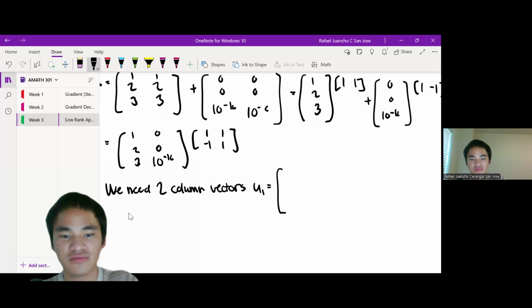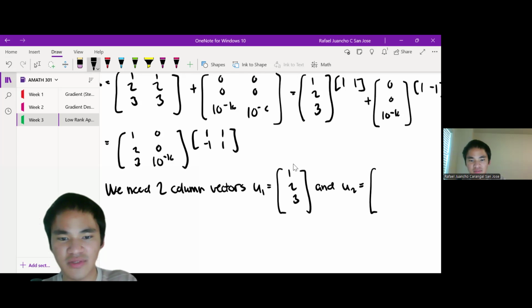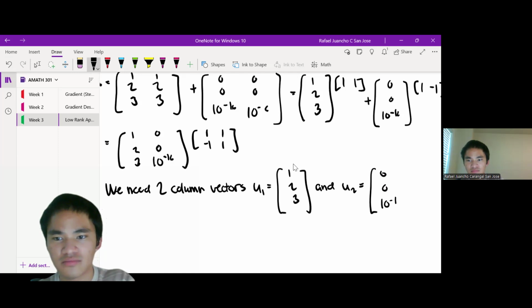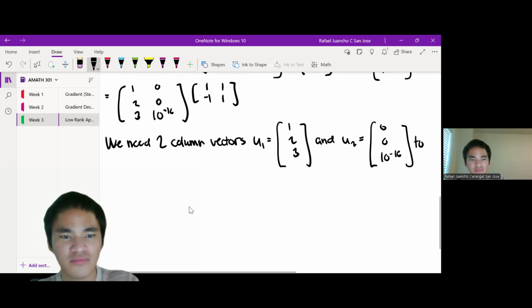Let's say U1, which has these elements, and we also need U2, which has these elements, right? In order to build this thing, in order to get all of the columns of A, right?